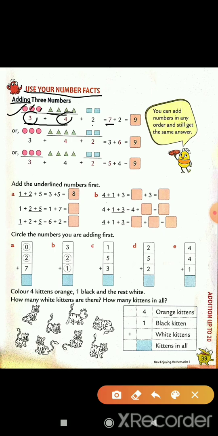Now we have to add 7 with the third number, that is 2. Which is the bigger number, 2 or 7? 7 is the bigger number. So we have to count forward 2 times. What comes after 7? 8 and 9. So 7 plus 2 is equals to 9.